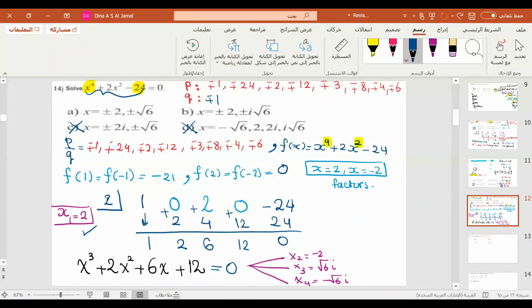I'm having 2, minus 2, and I'm having imaginary. That will lead to delete A, because here the 4 are real, but in reality it's not. So here I'm having imaginary. That means your answer is B. Great. There are many ways to solve this question, but I wanted to revise with you the rational zero and the synthetic division.